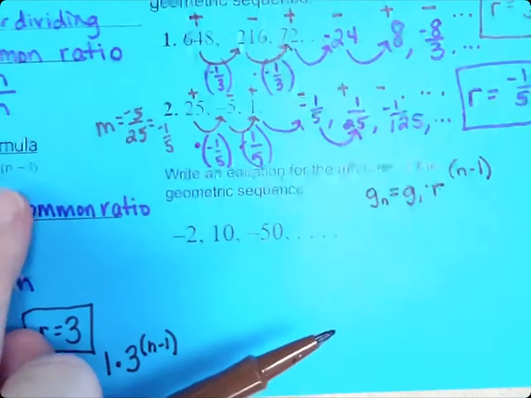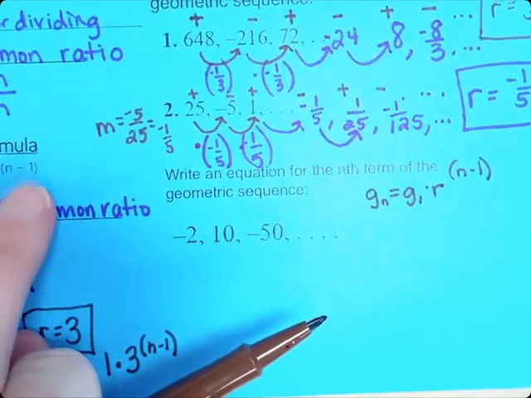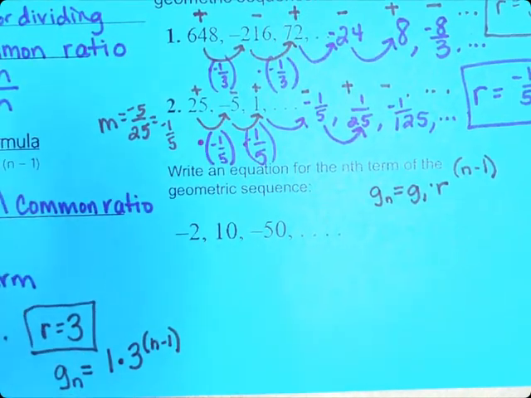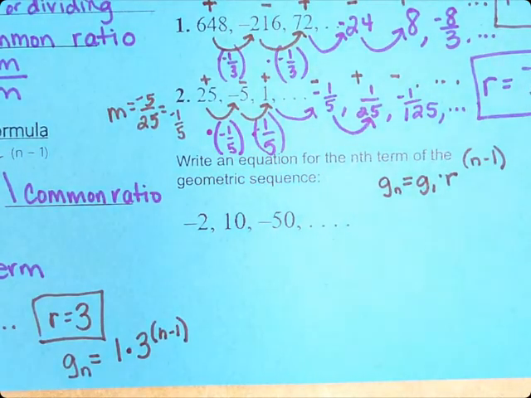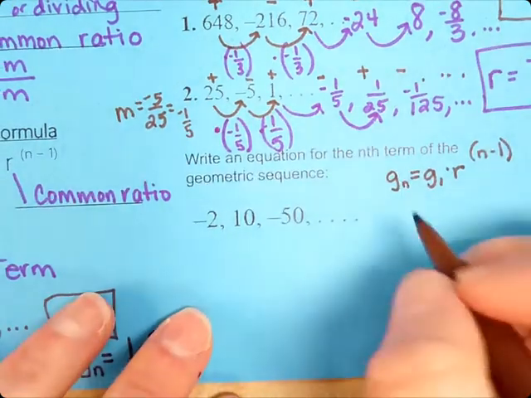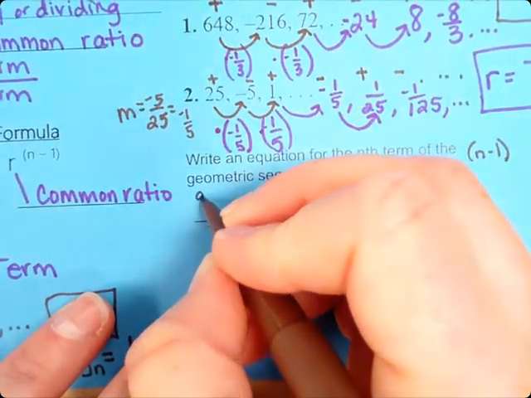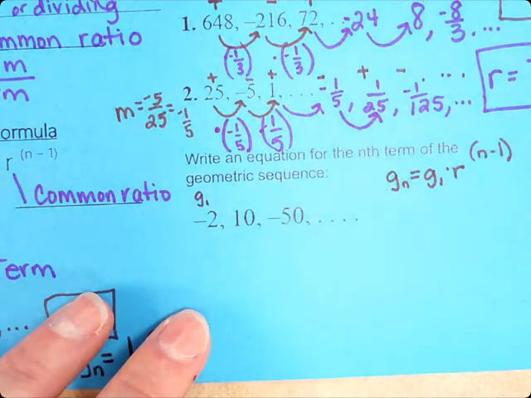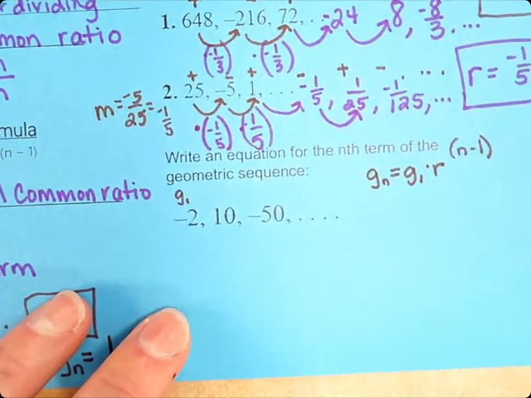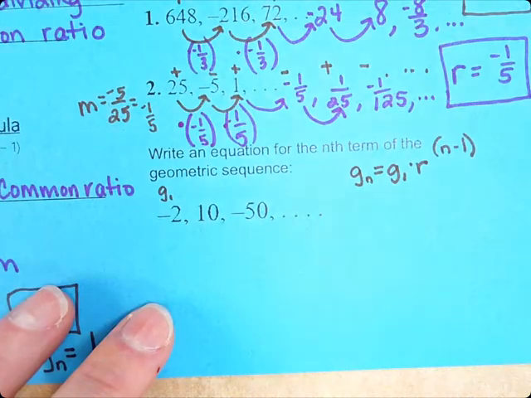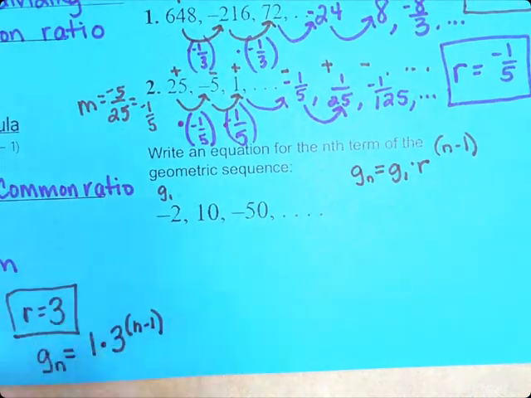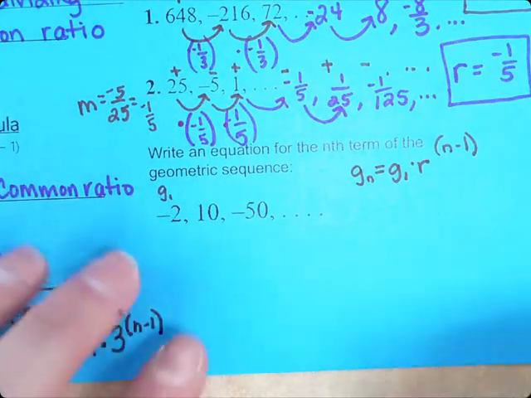That's the formula from over here. So our g of 1 is our first term. So this is g of 1. Now we need to find r. R is found by dividing the second term by the first term and then making sure it follows that same pattern.